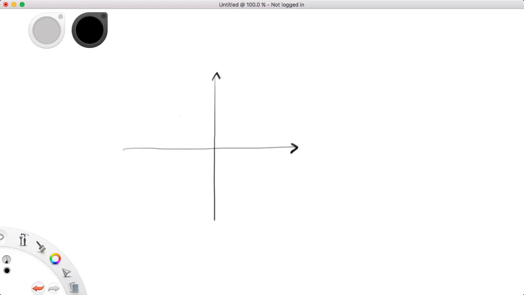So the first thing that I want to remind you about from geometry class is rigid transformations.